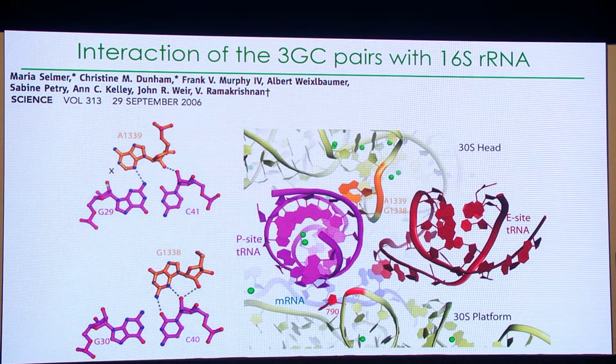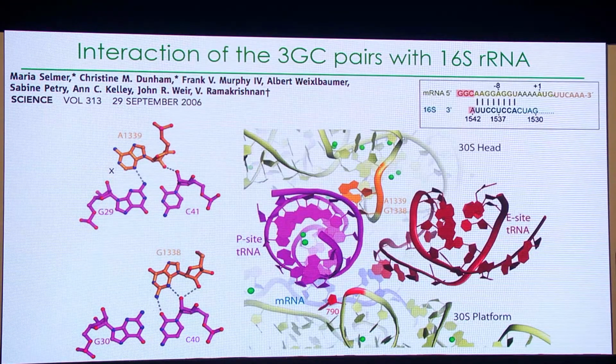Some of these interactions are suboptimal, and this happens, as you will see a little later, because it's a technical requirement that the mRNA binds tightly to the ribosome. So there is an extended Shine-Dalgarno sequence that is used in these crystal experiments.